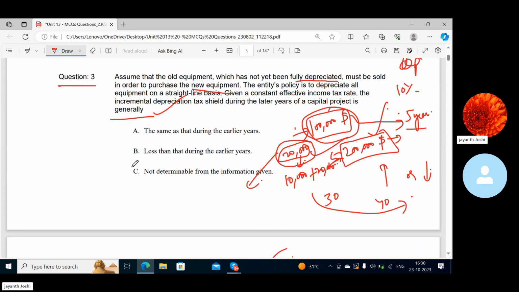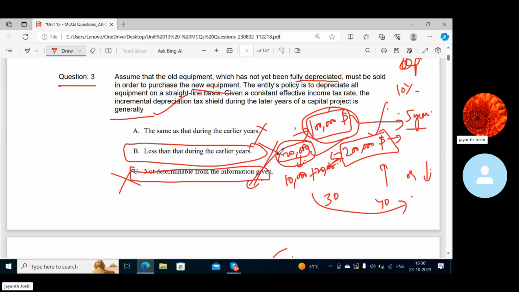And this is not the option. We can easily determine, the information is clearly given. This is wrong. Less than during the early years. How? Because the newer equipment depreciation expense will be higher, right? Once the useful life of the old equipment has passed. So this is also wrong.